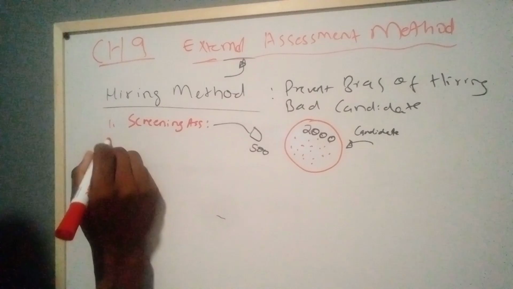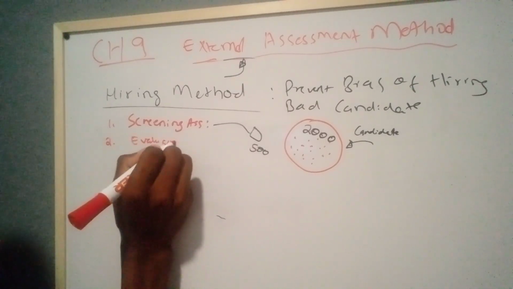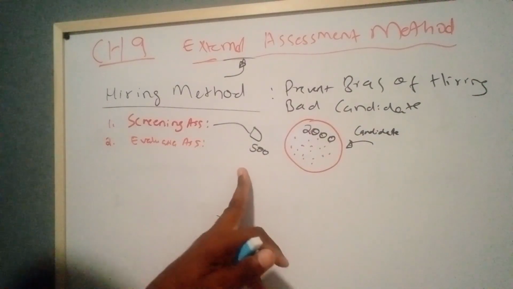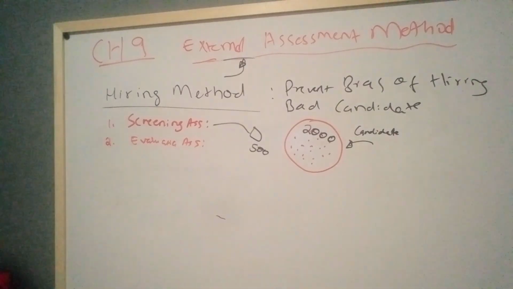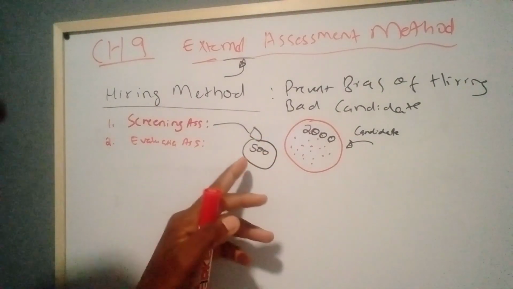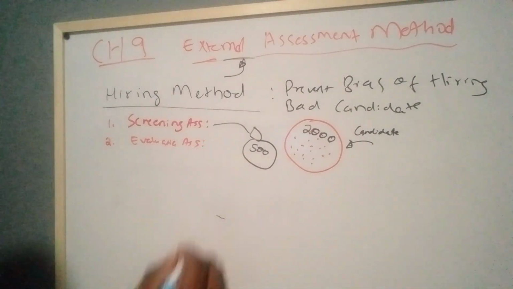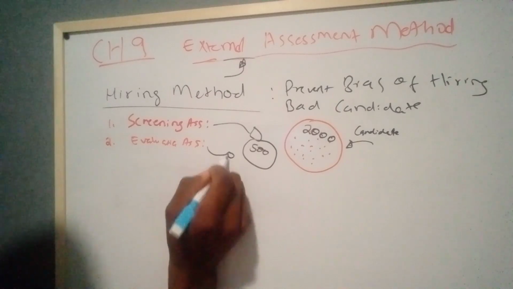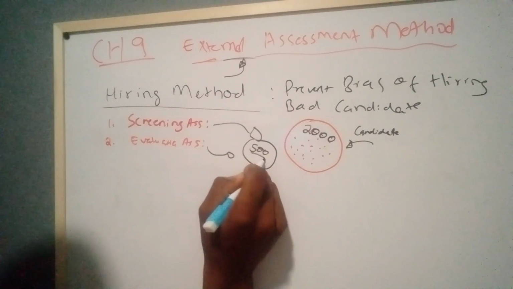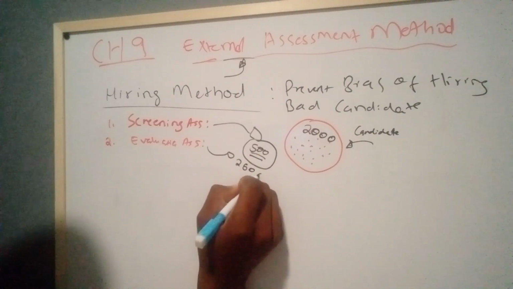And then method number 2 is the evaluative assessment method. So here they say, now we've taken those that we see very well qualify, but we need to proceed and assess them. That means they proceed to reduce, let's say, in order to do the interview, to 250 applicants.